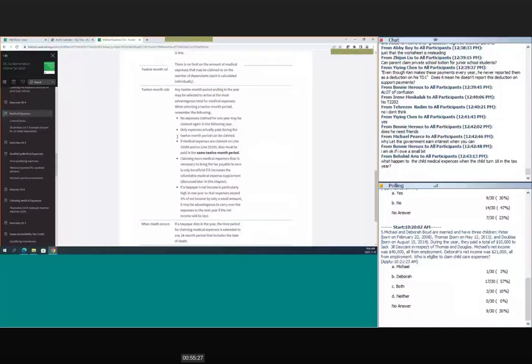Dependency is created by if the person doesn't have enough income to live on, and in the case of Kenneth, he doesn't have enough money to live on. So what happens to the child's medical expenses when they turn 18? Well, they're 18 part of the year, and then they're 19. Well, they turn 18, so they're in part of the year.